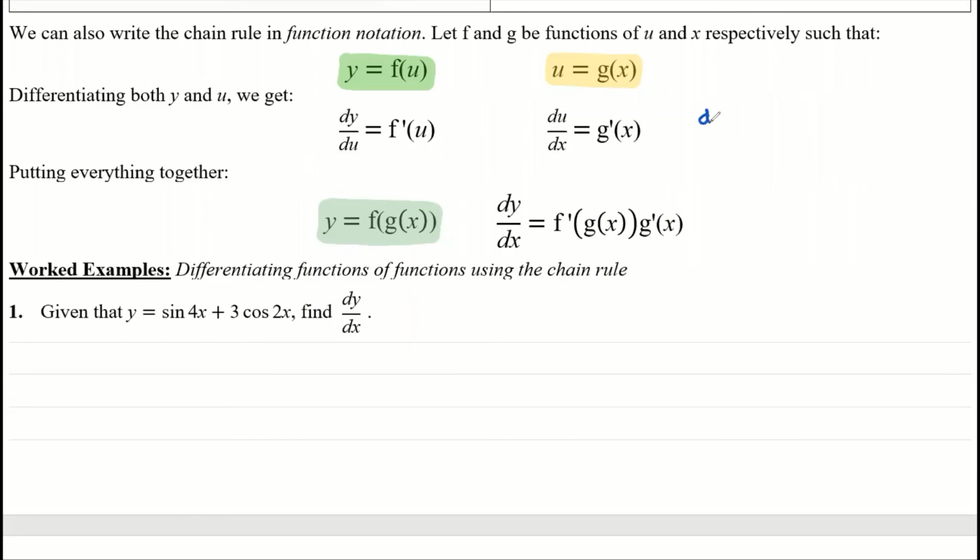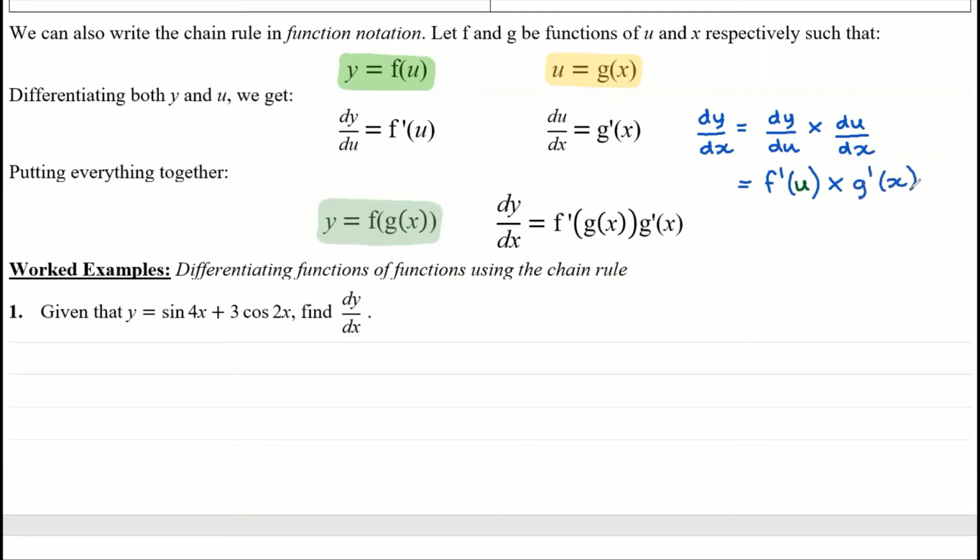You get dy by dx, it's going to be dy by du multiplied by du by dx. Now, when you do that as a first instance, you're going to get f dash of u, multiplied by du by dx, which is g dash of x.